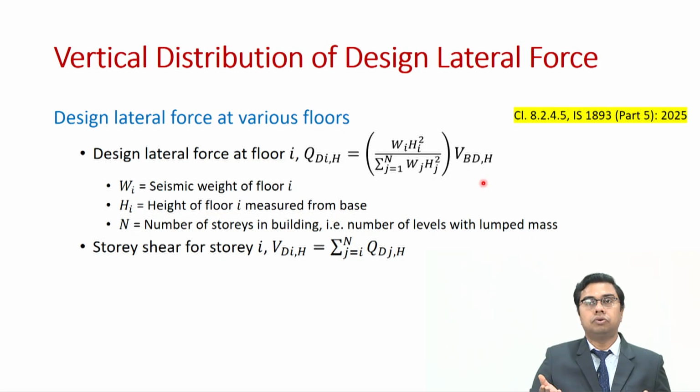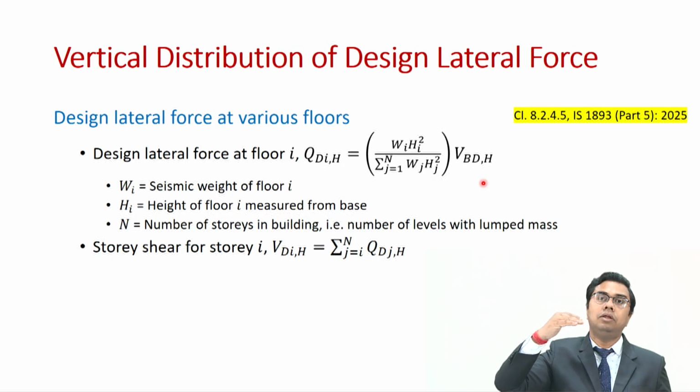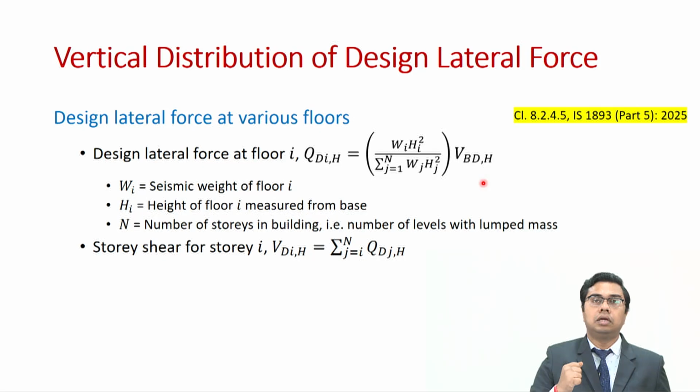For a given story, the story shear will be given by the sum of all the design lateral forces applied at any of the floors above the story concerned. So, if you are finding the story shear in the ground story, you shall be adding all the design lateral forces, and the sum of all the design lateral forces will again be given by the total design seismic load, as you might be able to intuitively tell now.